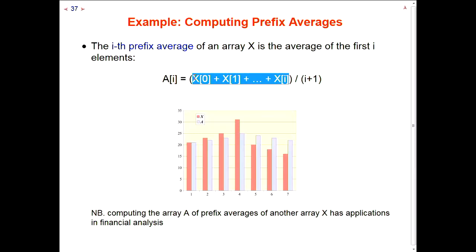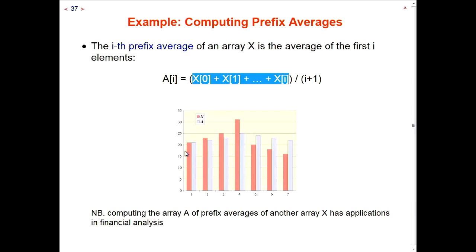You can see that happening here. The red bars indicate the numbers in your original array, X, and these bars, A, denote the average of the first i numbers.